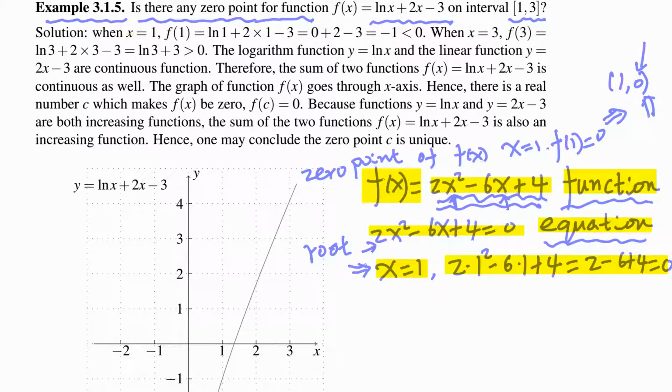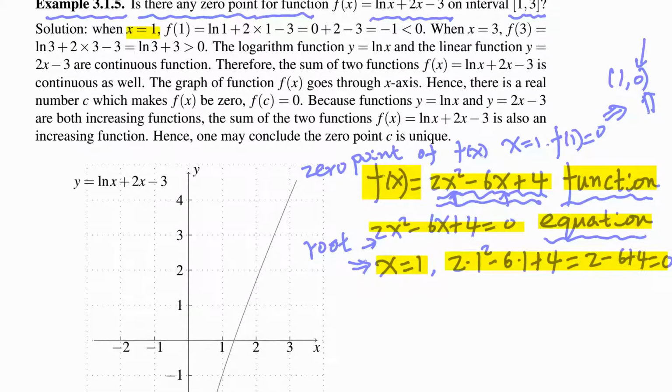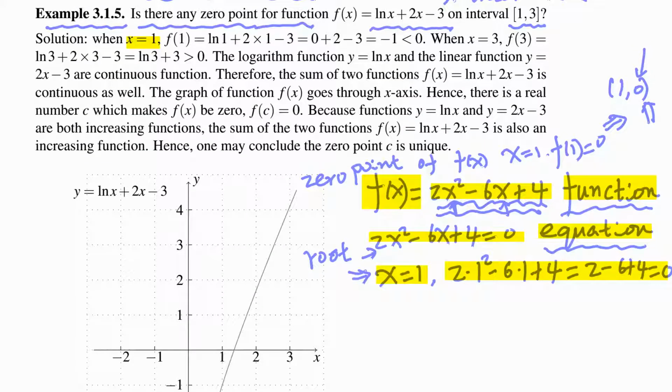If x equals 1, we plug in to the expression. We get negative, because the natural log of 1 is 0.